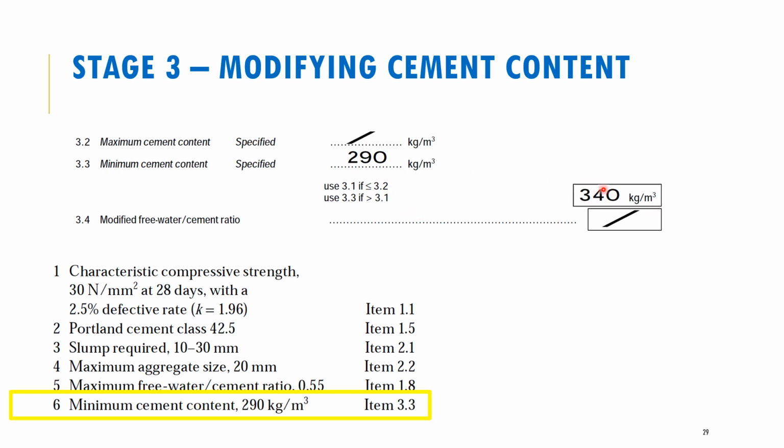In the case that the value that we calculated in the previous steps were less than the minimum, then we need to stick with the minimum. But in this case, because it already satisfies the minimum, 340 is more than 290, we can still stick with the value that we obtained from the previous step.